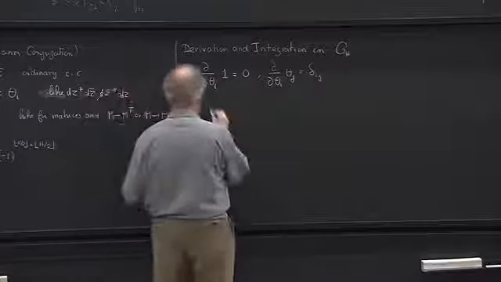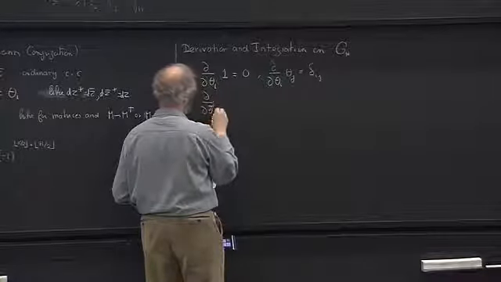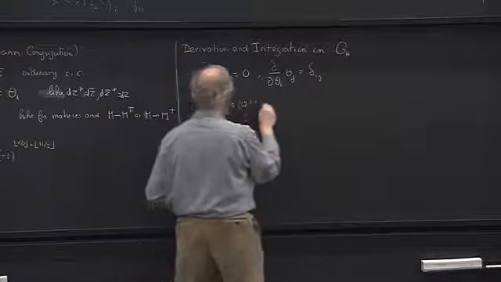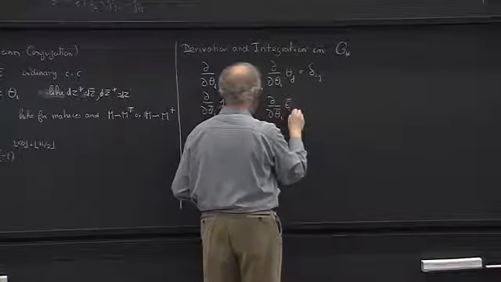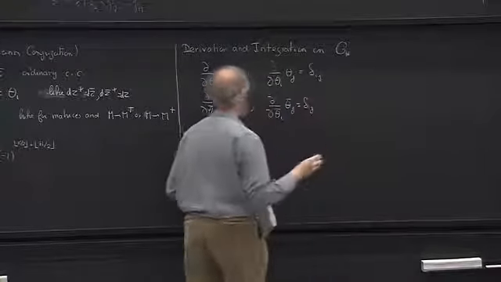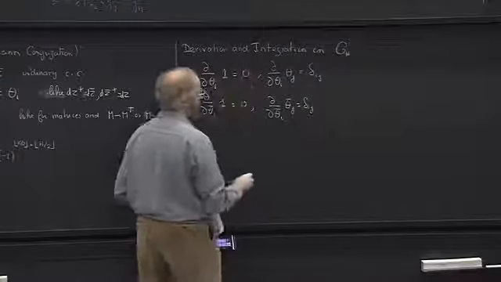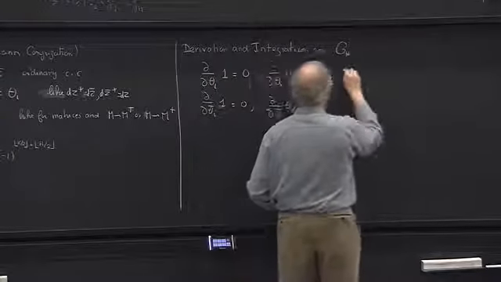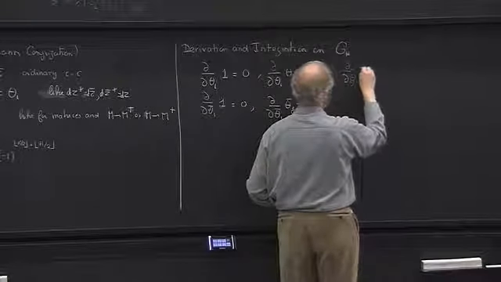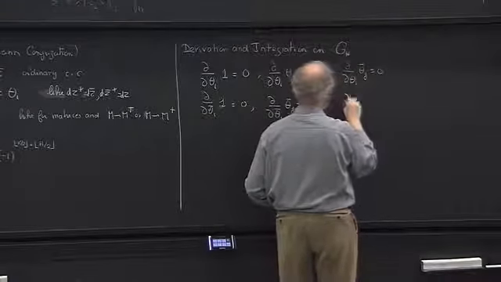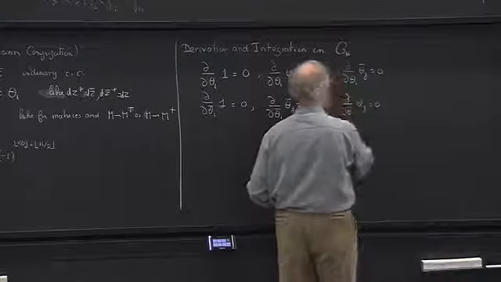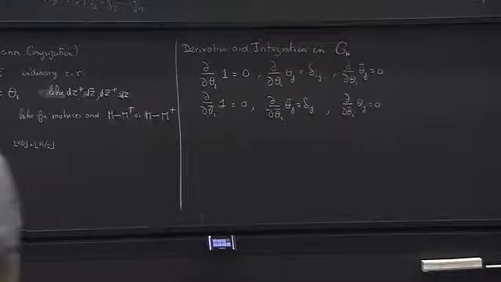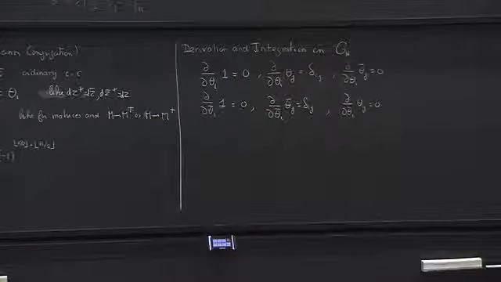Same thing for derivative with respect to theta bar: d over d theta bar I of theta bar g equals delta ig. Then, of course, I would like to have that d over d theta I of theta bar g equals 0, and d over d theta bar I of theta g is equal to 0.